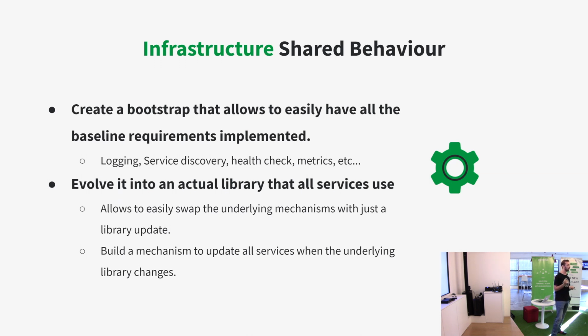If you ever have to change how something works beneath, you just update the library everywhere, in the same way that you do for the contracts. And basically, you have it simplified. You won't forget a service as easily.